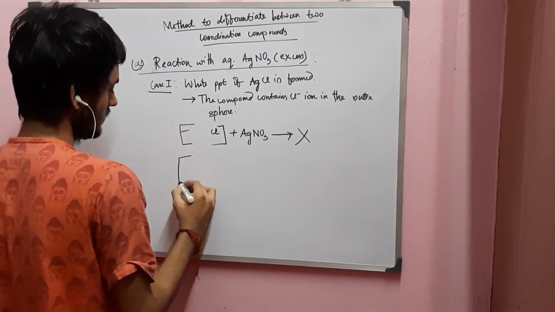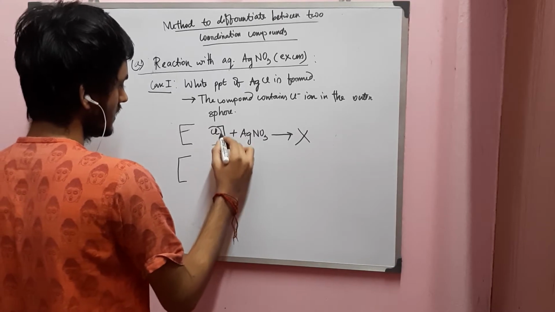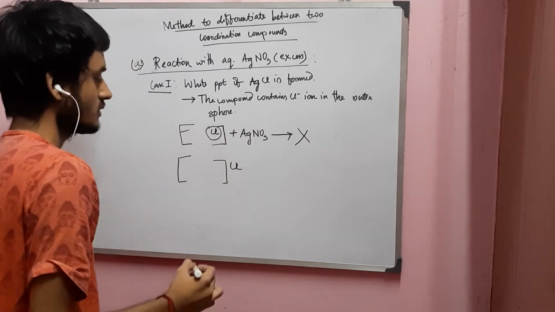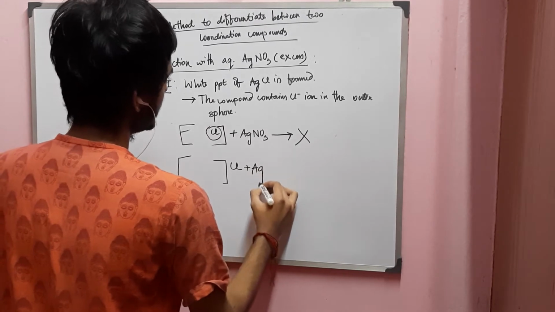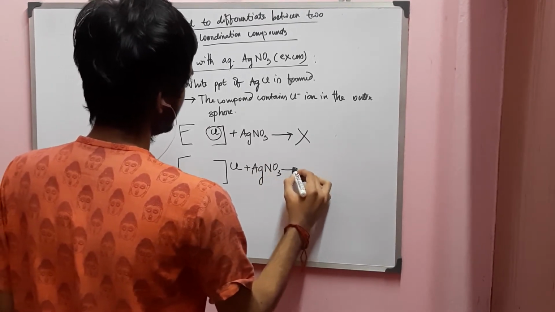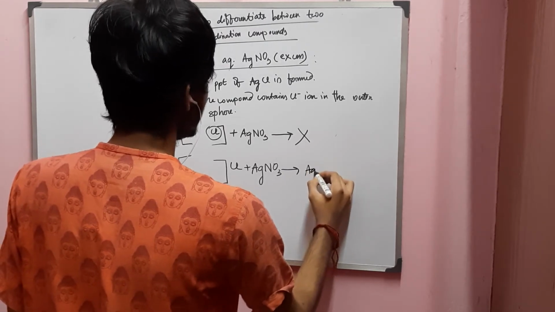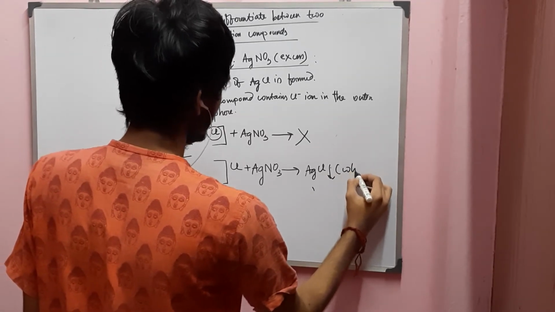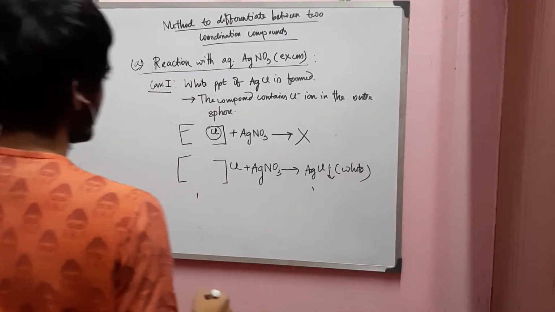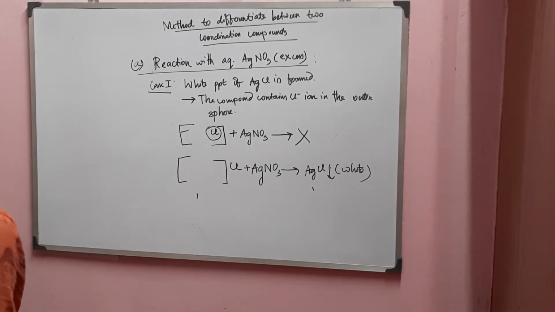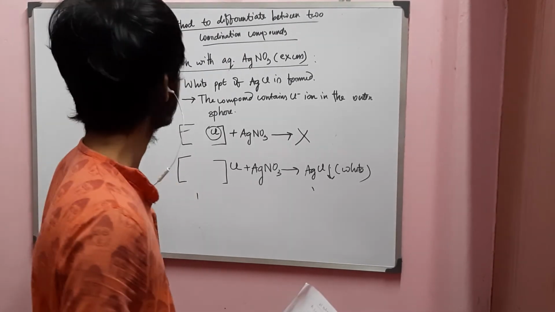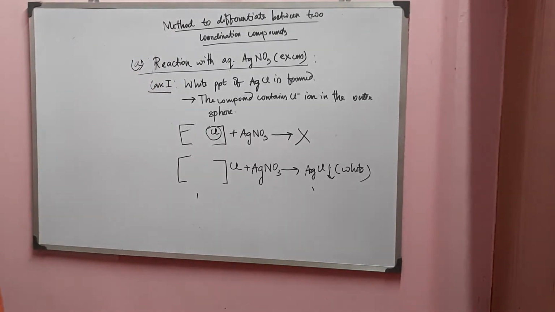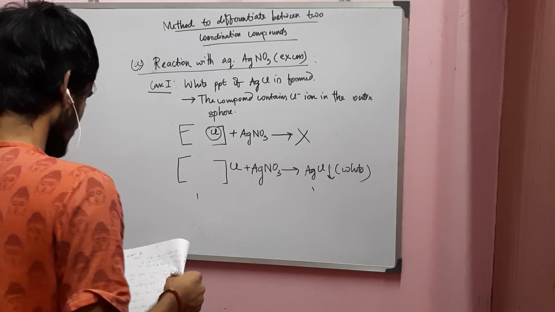But if this is a coordination sphere, and this particular Cl ion is placed outside the coordination sphere, and this compound is treated with aqueous AgNO3, it will form 1 mole of AgCl from 1 mole of this compound. Okay, and the precipitate is white in color. So write down this. We will be considering some examples after this. Okay, so let's take some examples.